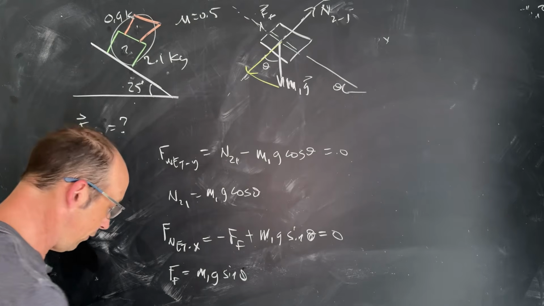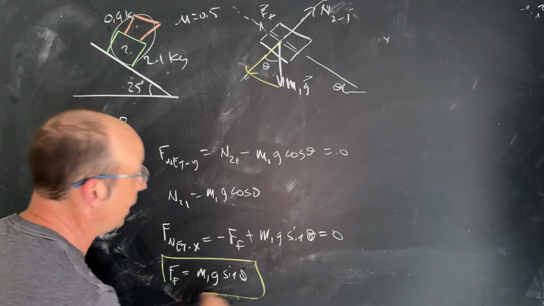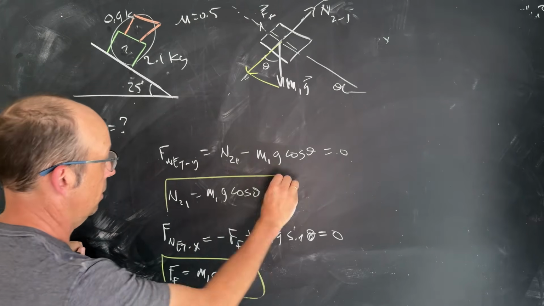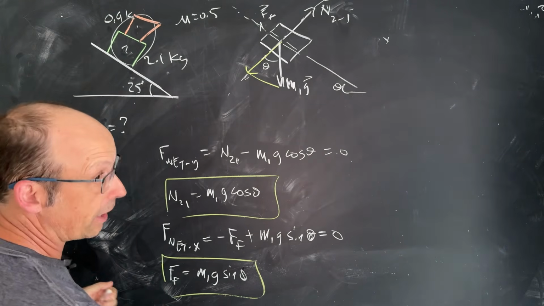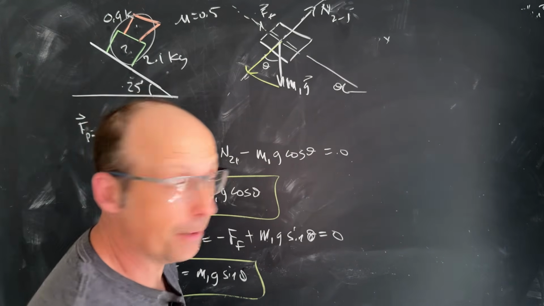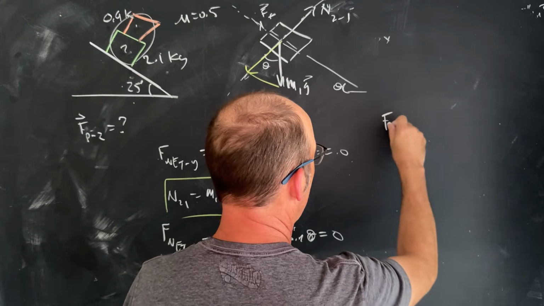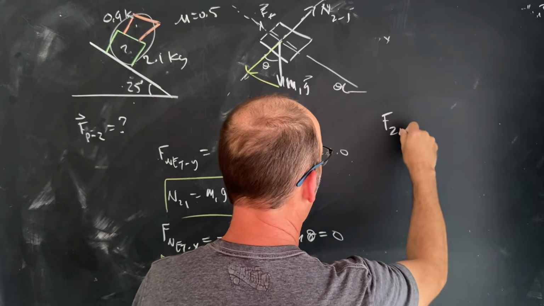So now I have the 2 components of the interaction between this block and that block. And let's just find the magnitude of that, just for fun. Okay, so the magnitude, I'll call it F2 on 1.